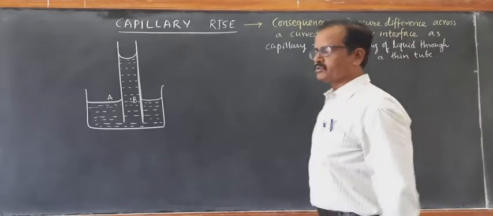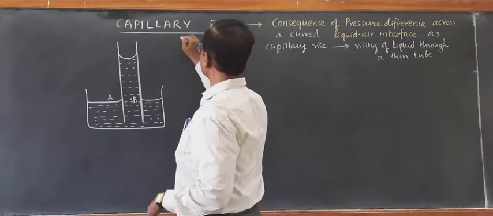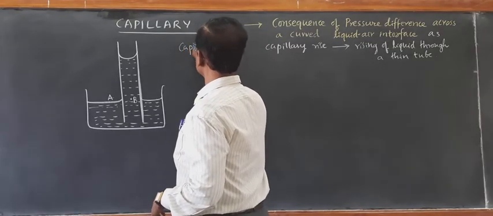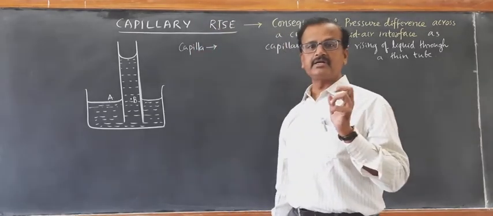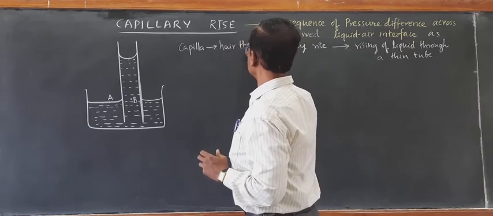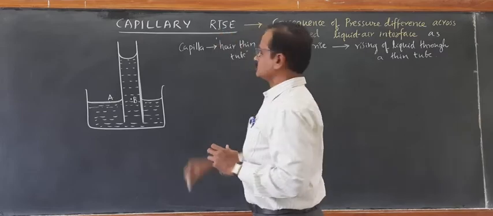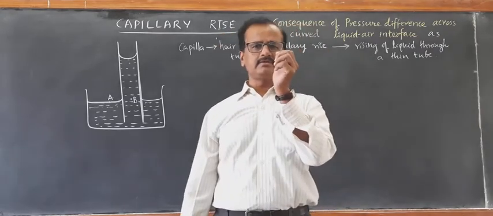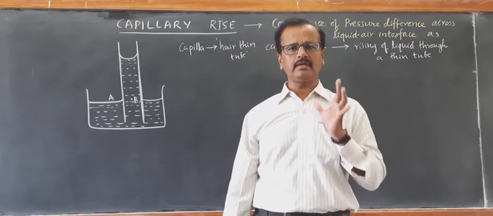You see the word capillary. Capilla means hair like thin tube, hair thin tube, which means a tube with a very small opening. A tube with a very small opening is called a capillary tube.